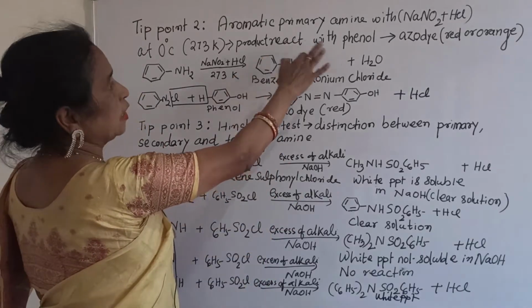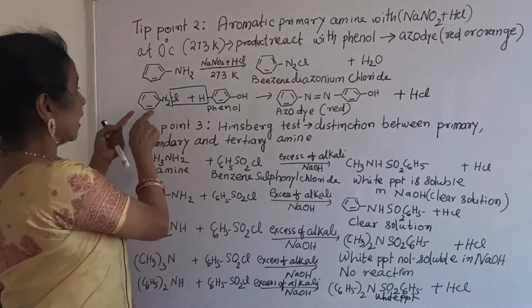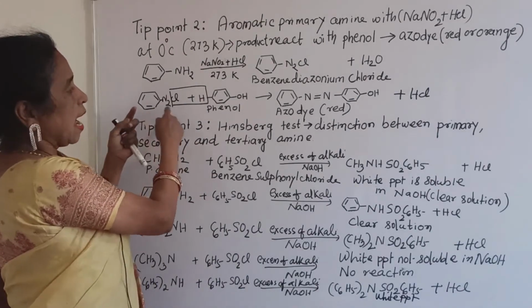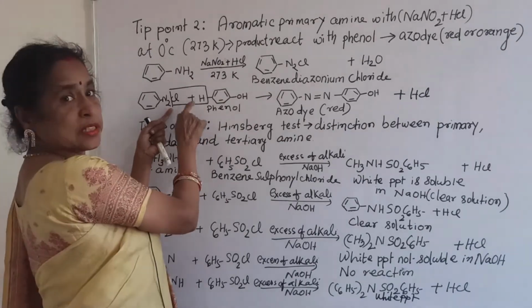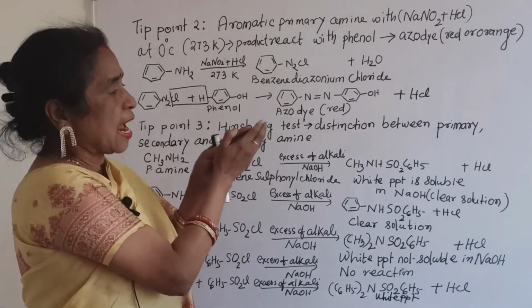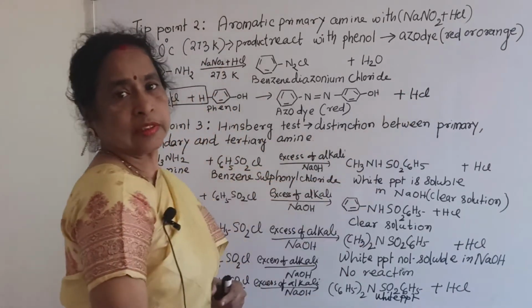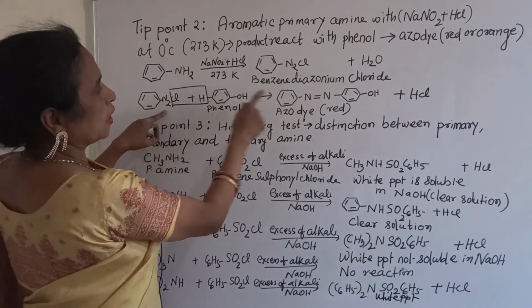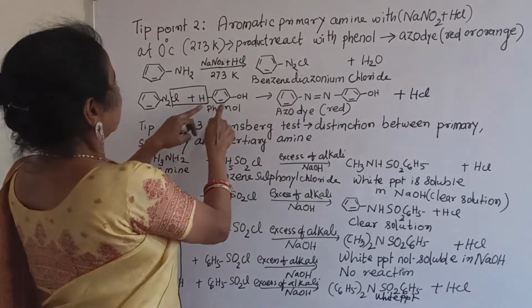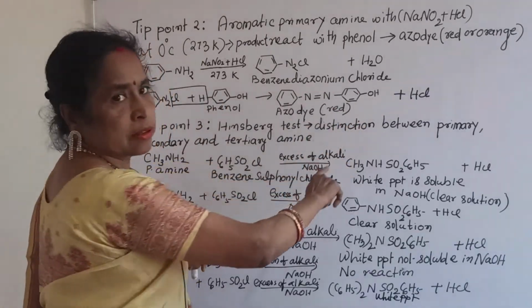The product, benzene diazonium chloride, reacts with phenol. Phenol is written in this way so that hydrogen and chlorine both will react and give the byproduct. Then you write down up to N=N, and next is part of phenol.